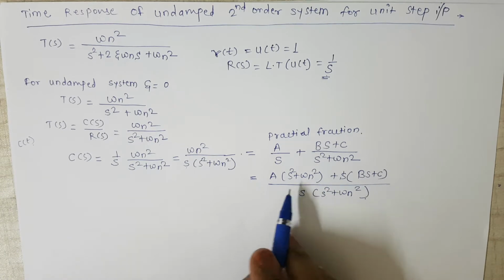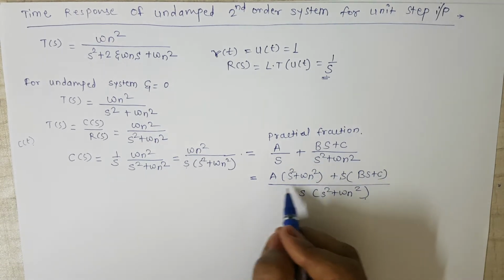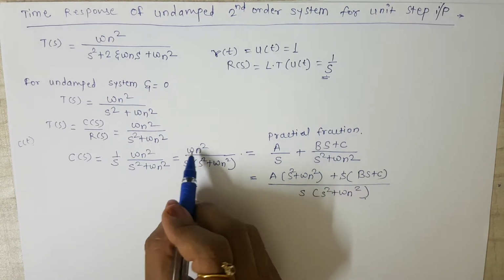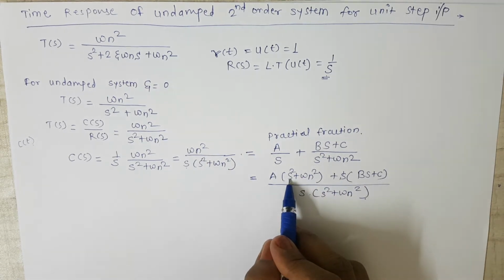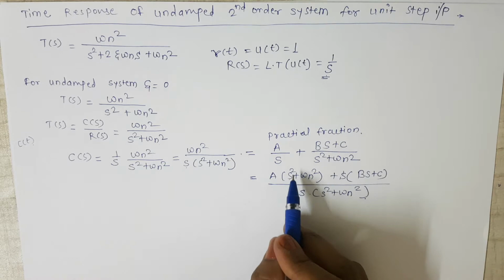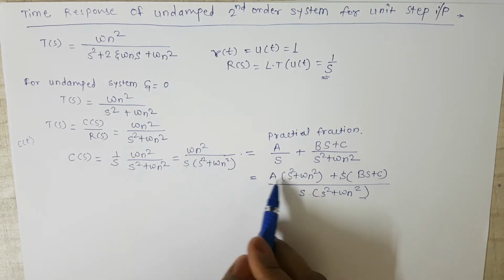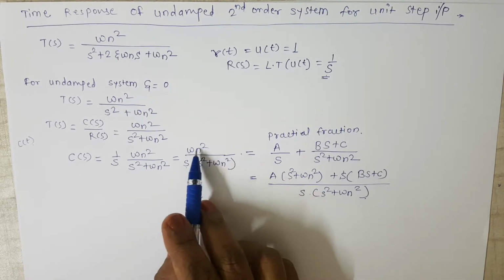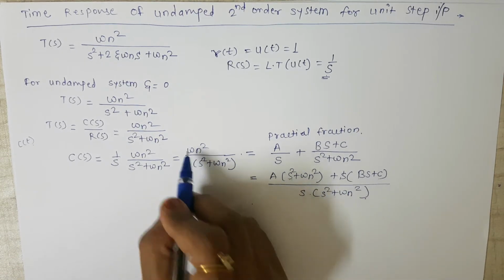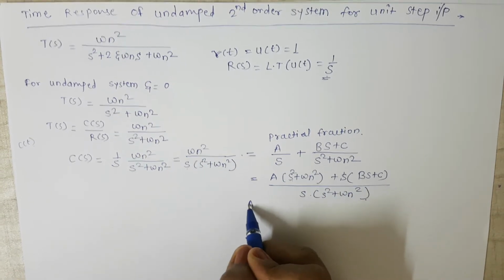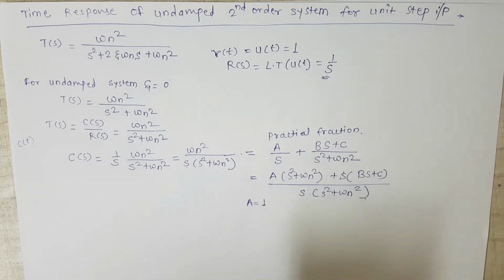Now, if I am comparing this equation with this, first I compare with S square. Here we'll get S square, only 1 is there. So I can write A is equal to 1.